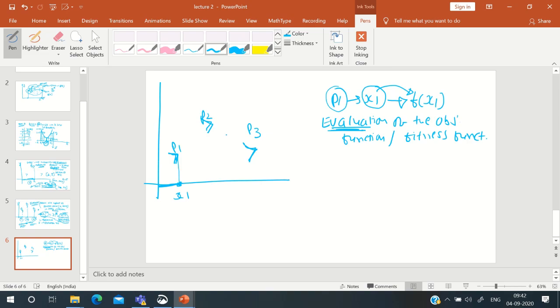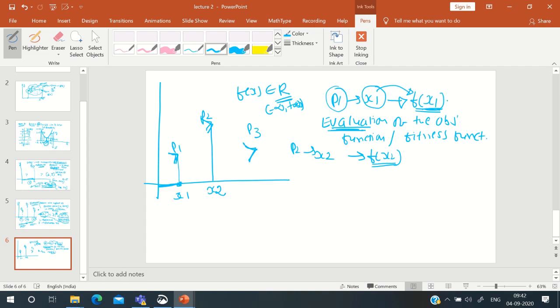So corresponding to P2, the initialized x value is x2. So find out f of x2. Some scalar value will be obtained, that means f of x will belong to R, a real valued number which lies between minus infinity and plus infinity, except the imaginary part, right?